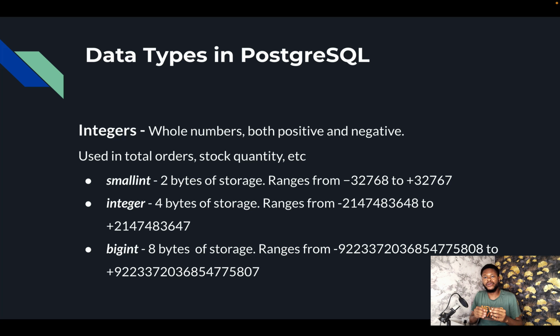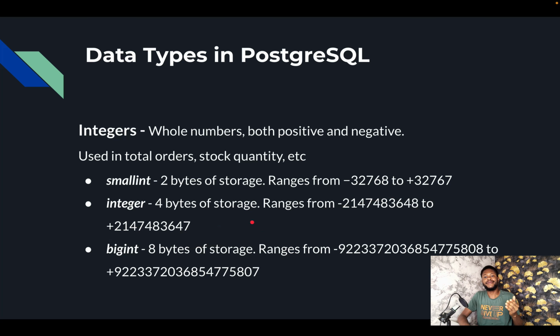So if the number you want to store is going to be within this range, then you can use small int. So integer takes about 4 bytes of storage, and you can see the range. So if you have any number that you want to store in that particular column, and it will be ranging from this to this, then integer is perfect for it.